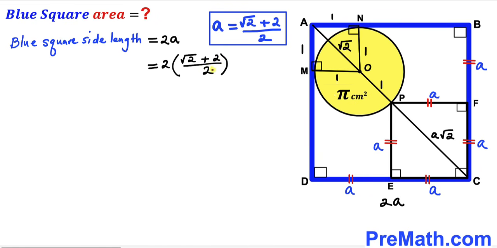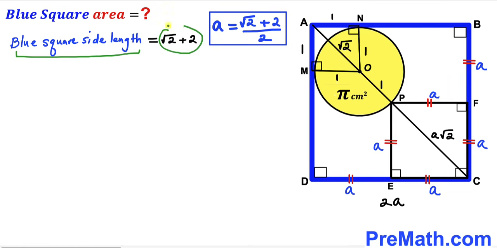And here we can see this 2 and 2 cancel each other out. So therefore this big blue square side length turns out to be square root of 2 plus 2.